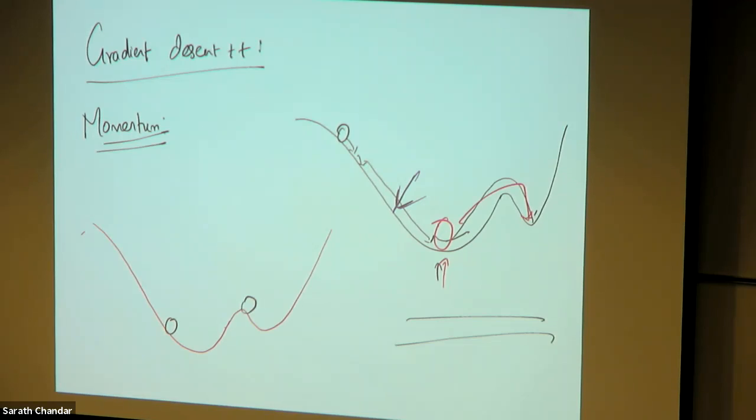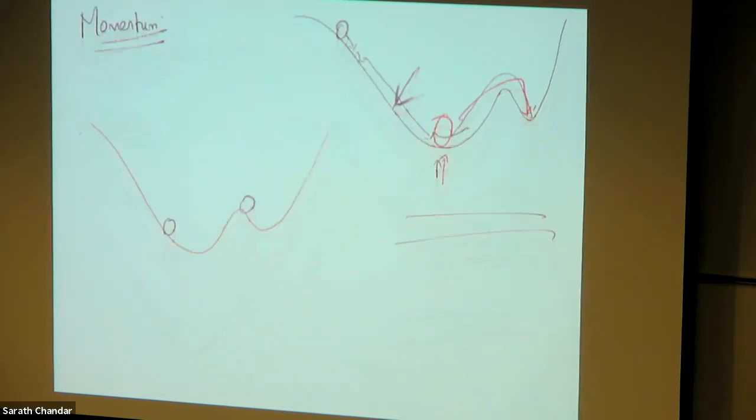Now, if there is any way you can look ahead, then maybe you can avoid this issue. So what we are looking for is a smarter ball, which can sense what is in front. Now, here is an approximate way to do that.